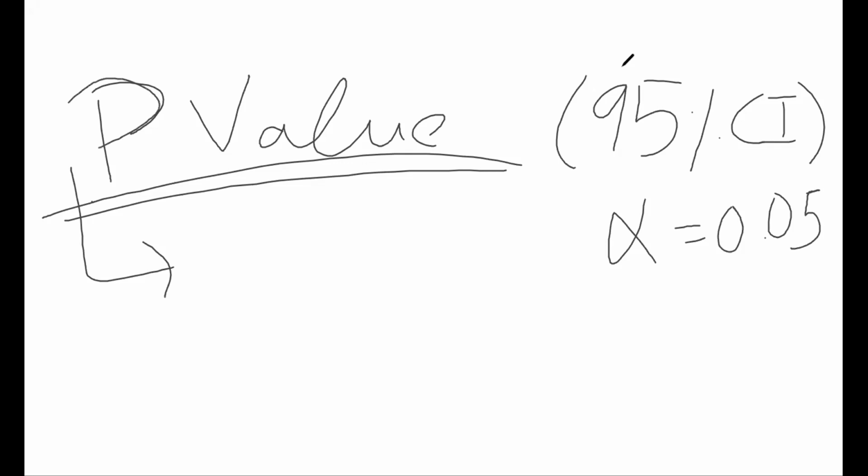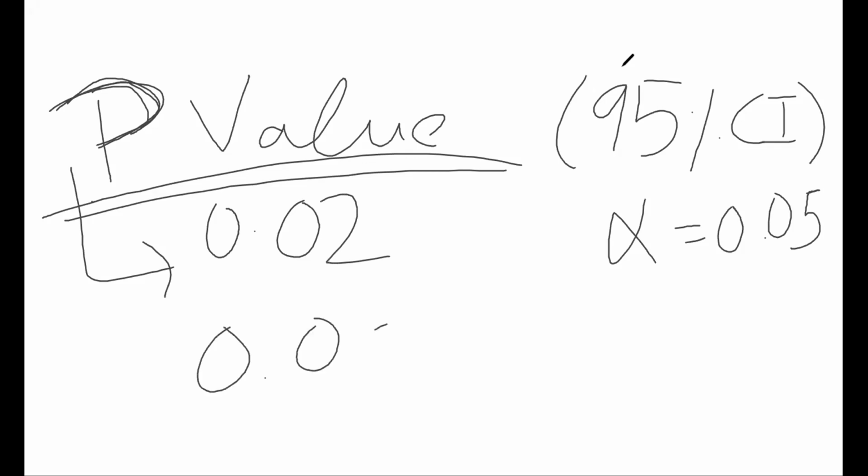So basically, what does p-value mean? We have applied our test and calculated our p-value. Suppose the p-value comes out to be 0.02, or there is a chance it comes out to 0.06. It is the correspondence of alpha.